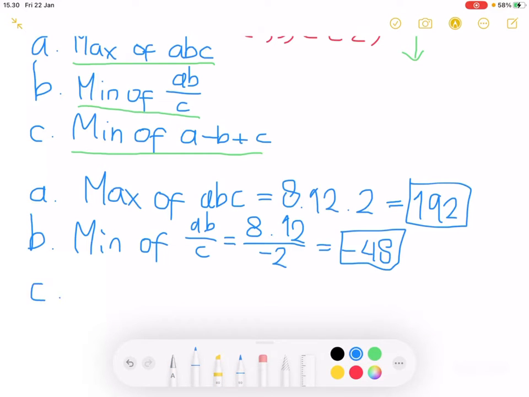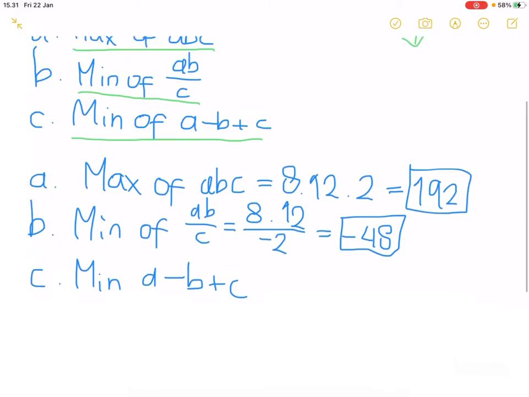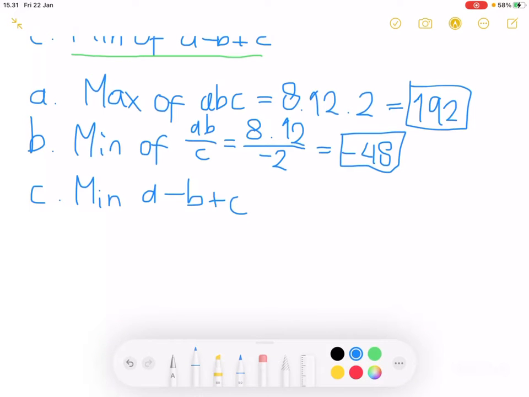Okay, for the next and last part, we're going to find the minimum of A minus B plus C. As we all know, with subtraction, if we want to find the minimum, we need to consider A to be the minimum and B to be the maximum. And if we needed to find the maximum, we would just switch things up: A maximum, B minimum. And how about the C?